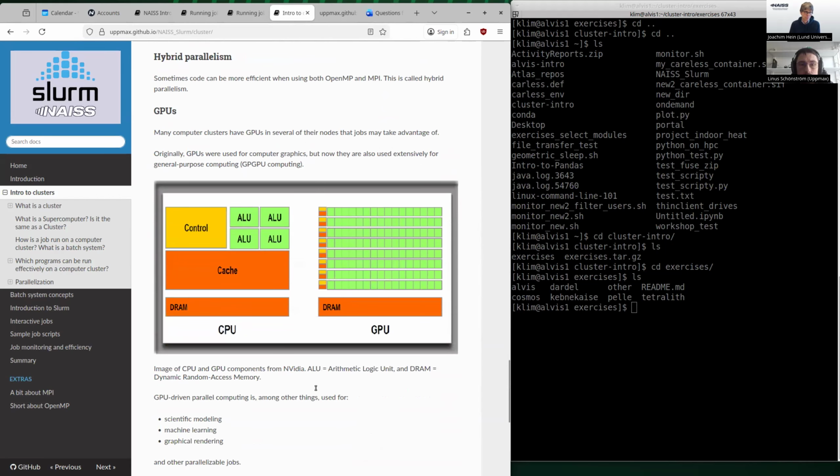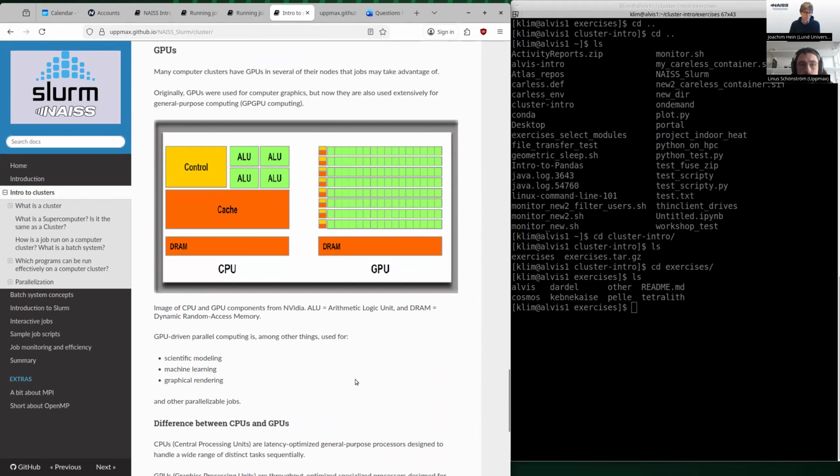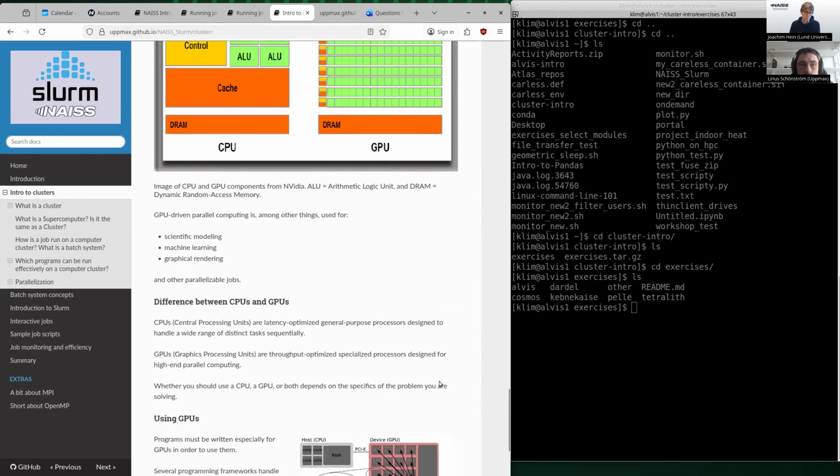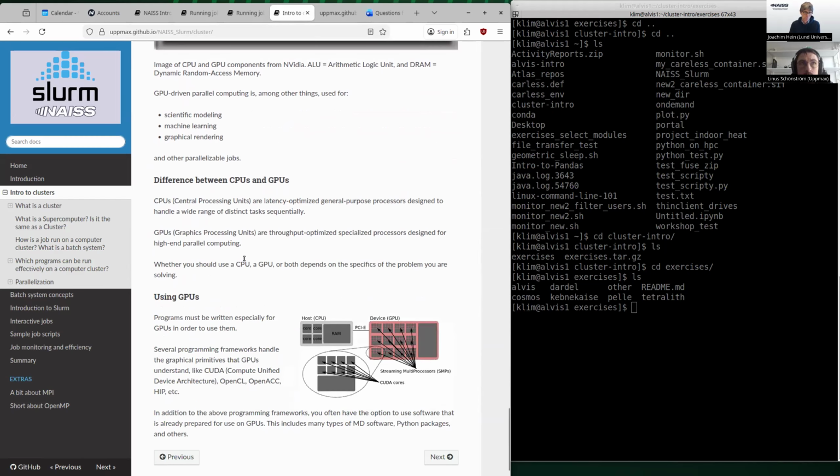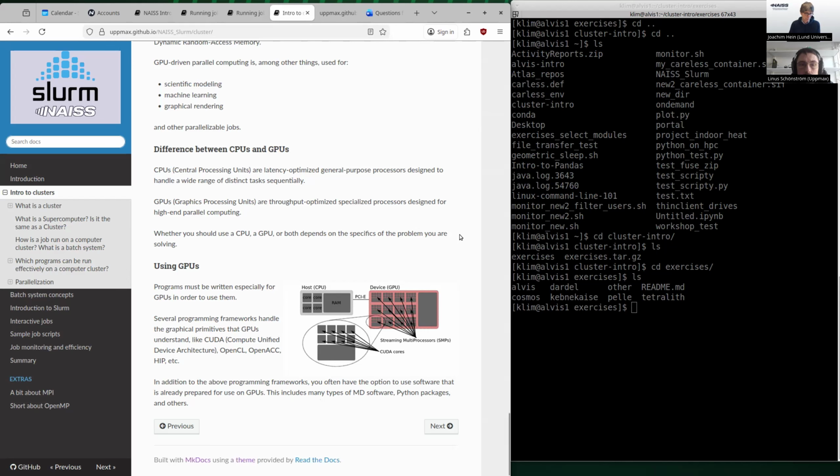Now, before ending this section, we have to see what the difference is between CPUs and GPUs. Shortly, the CPU, which is the central processing unit, is designed to handle a wide range of distinct tasks sequentially, while the GPU is designed for high-end parallel computing. One more point I have to mention here is that using GPUs is not automatic or by default.